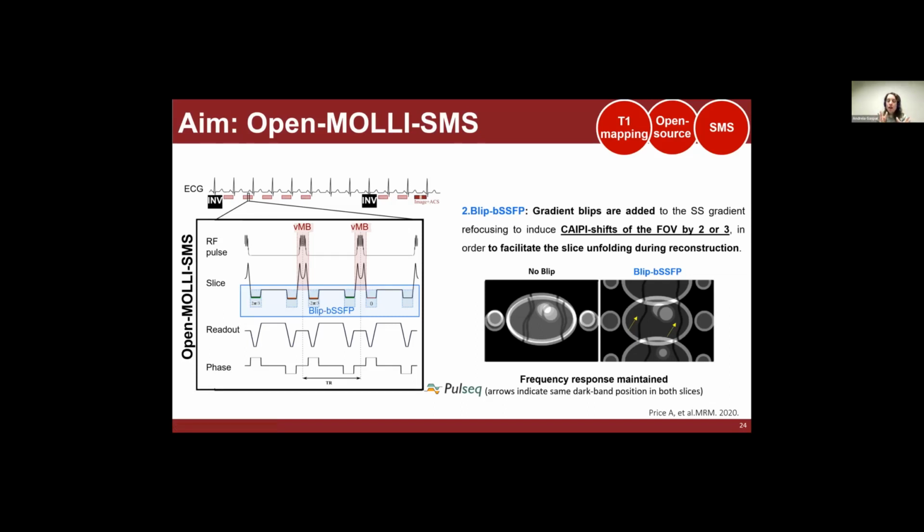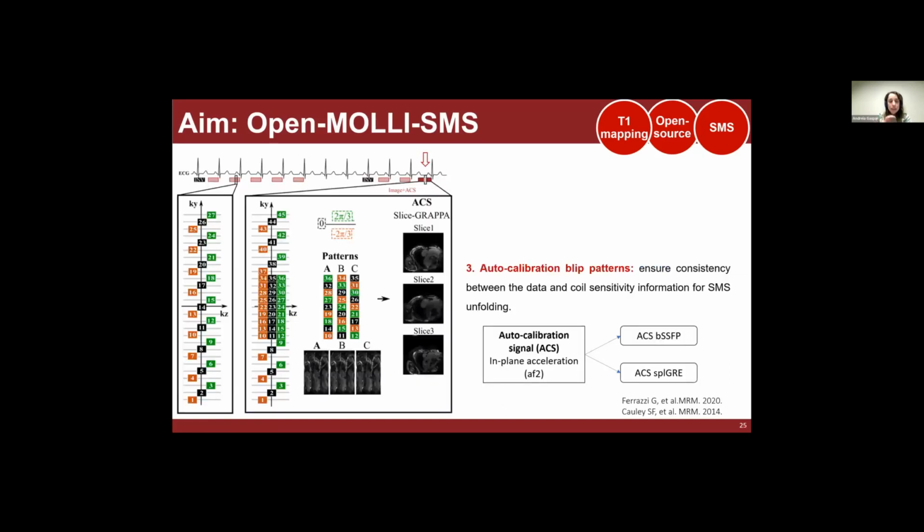So here on the left we have the implementation where we don't have this shift and the slices are superimposed in the FOV, and on the right we can see that they are shifted one relative to the other, making it easier and with less noise amplification.